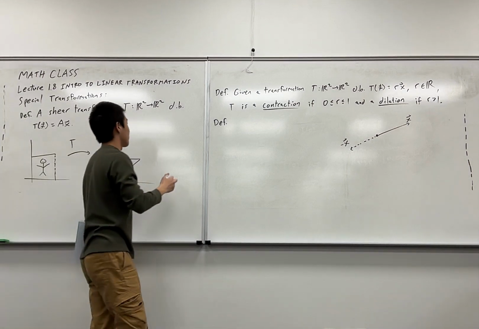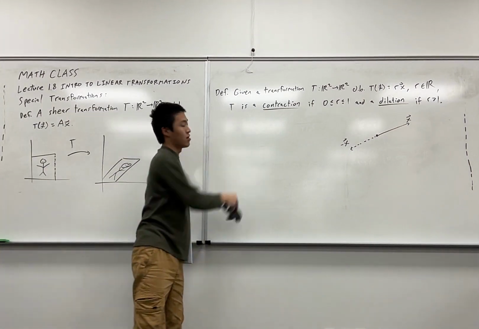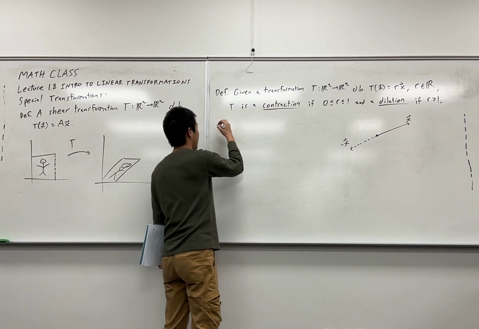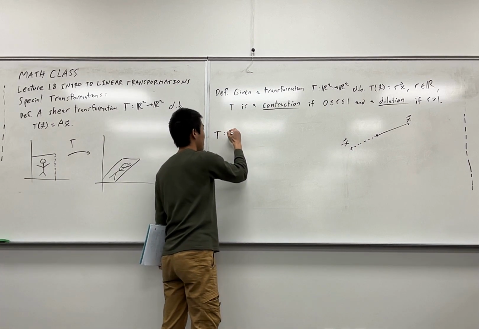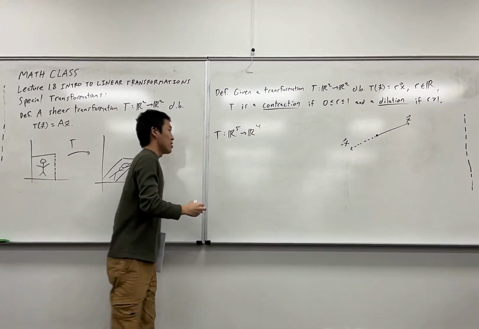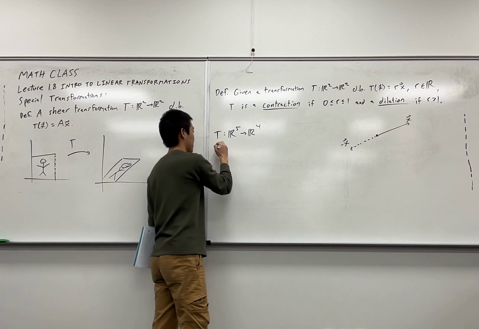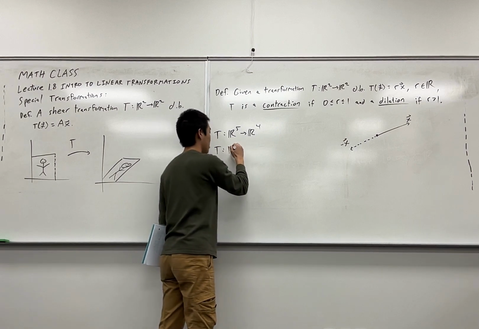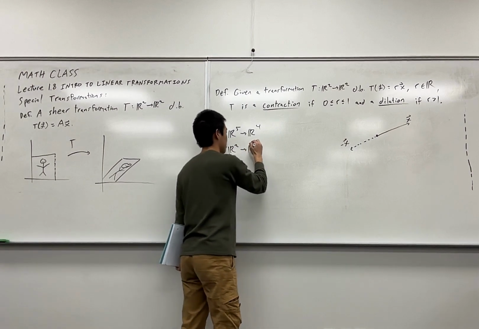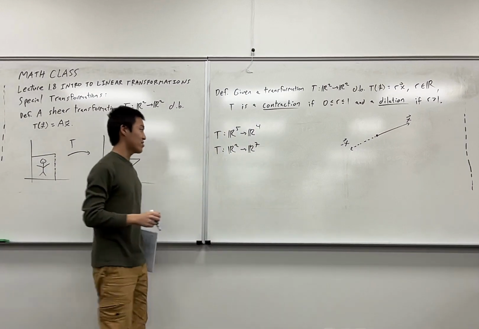Actually, for the sake of practice then, let's do a few of these. Okay, we're going to do this a few different ways. If I give you T from R5 to R4, then A has dimensions what? 4 by 5. If I give you T from R2 to R7, what kind of a matrix is that? 7 by 2.